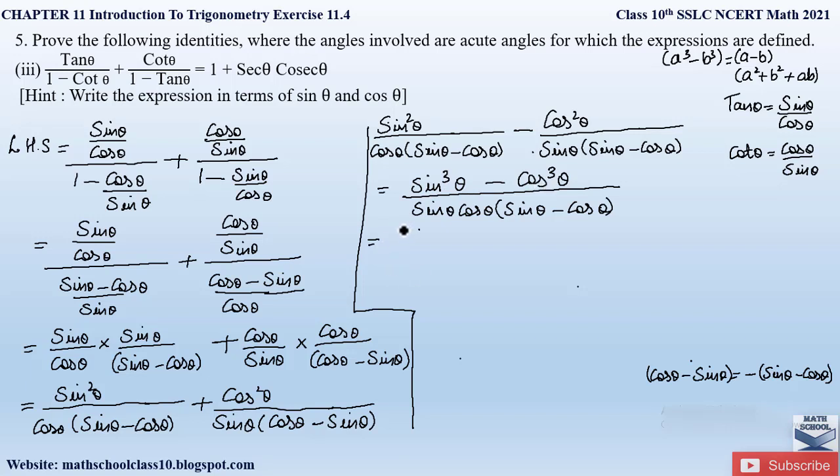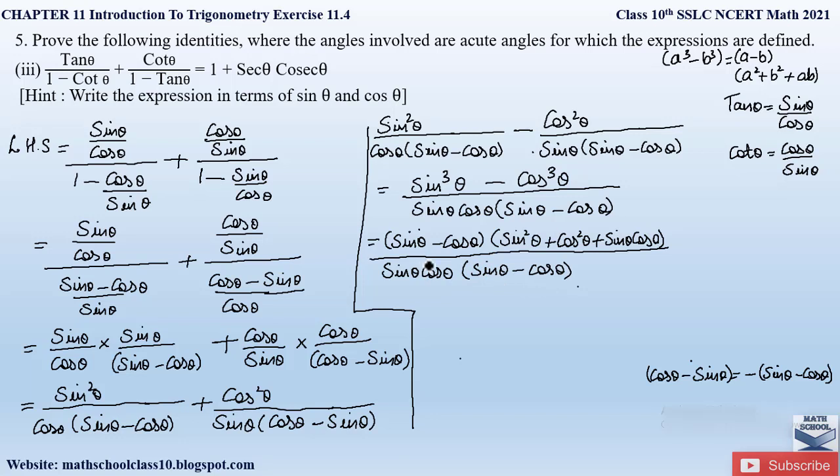So applying the formula, we have a minus b, that is sine theta minus cos theta, into a square, that is sine square theta, plus cos square theta, plus ab, which is sine theta into cos theta, divided by the denominator, which is sine theta into cos theta into sine theta minus cos theta. Okay, so here in the numerator we have sine theta minus cos theta, and the denominator is also sine theta minus cos theta, which will cancel out each other.